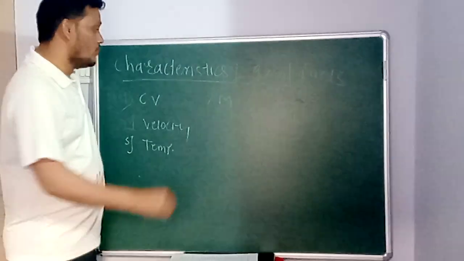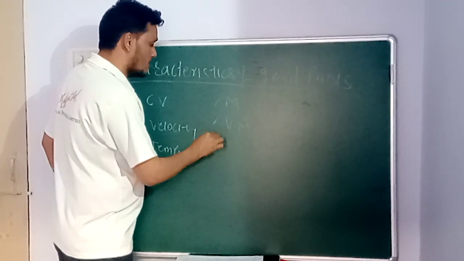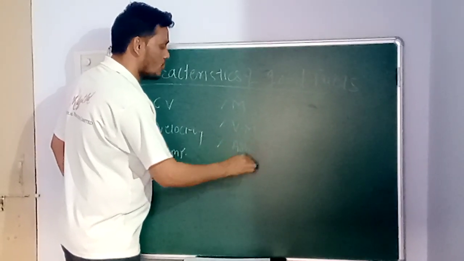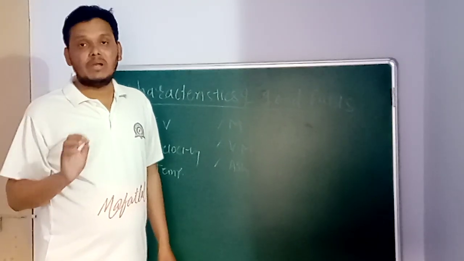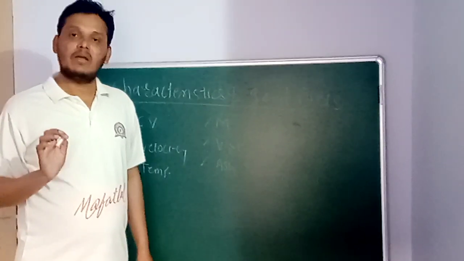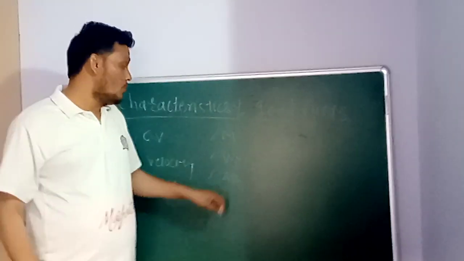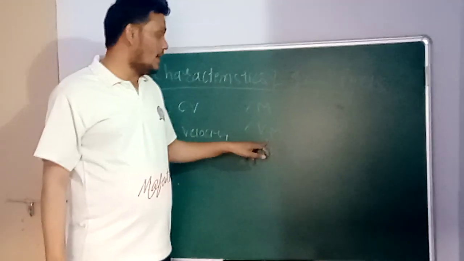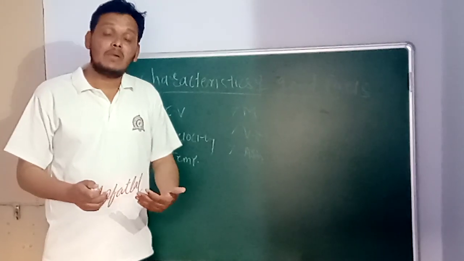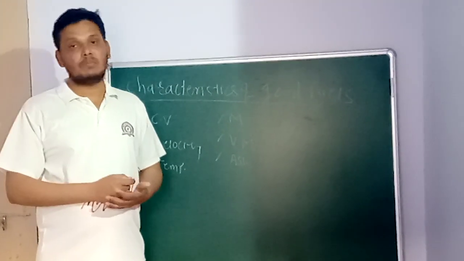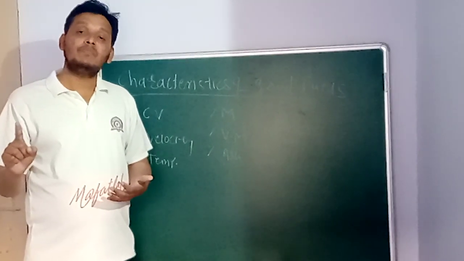A good fuel should also contain a small quantity of volatile matter and a small quantity of ash. Ash is the non-combustible inorganic matter. So a good fuel sample should have low ash content, low volatile matter, and low moisture content. The selected fuel should be most suitable for the process, and after burning it should not produce any harmful gases.